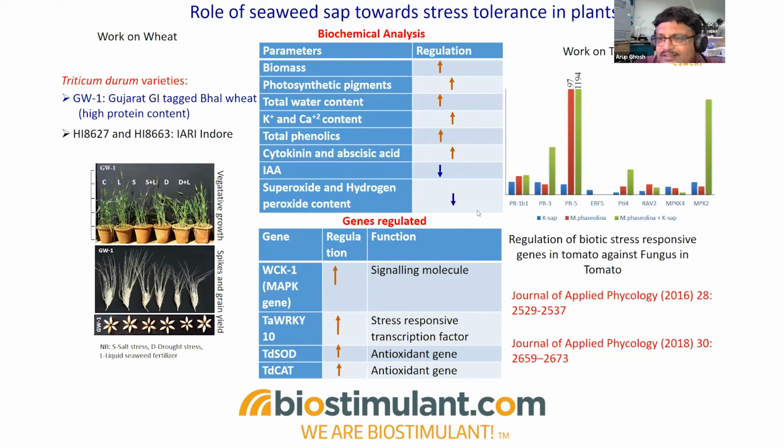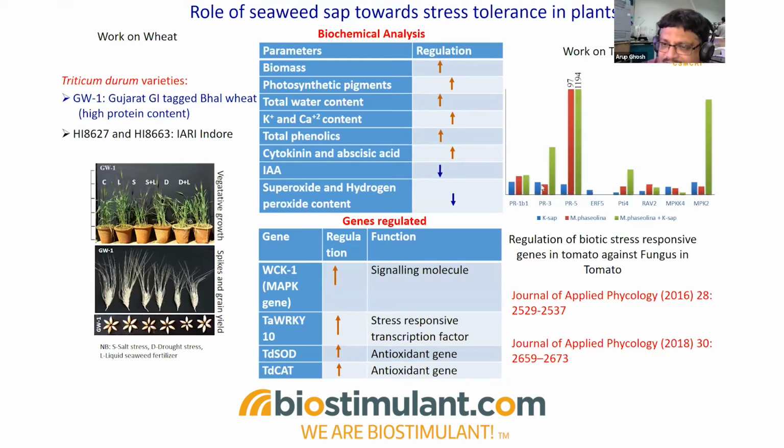So what you can see in the results is that there are pathogenesis related genes, PR genes. These are the plant defense genes that get overexpressed in presence of Kappaphycus sap, that gives tolerance. So for example, you can see PR3. If we only apply Kappaphycus sap where there is no disease, the expression remains low. If only Macrophomina is infected, then also it remains low.